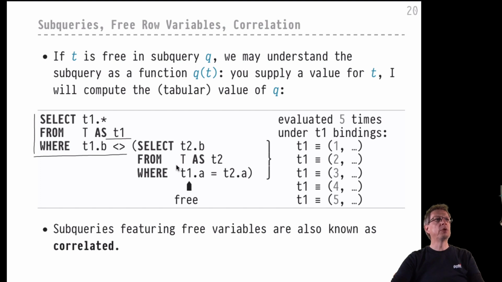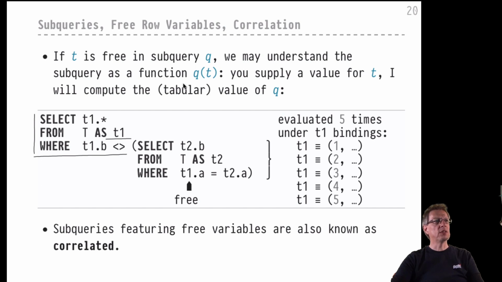Okay, you provide a T1 binding, a parameter, a function argument in a sense. I will provide a T2.B result for you and return that as the result value. So this subquery acts like a function of argument T1.